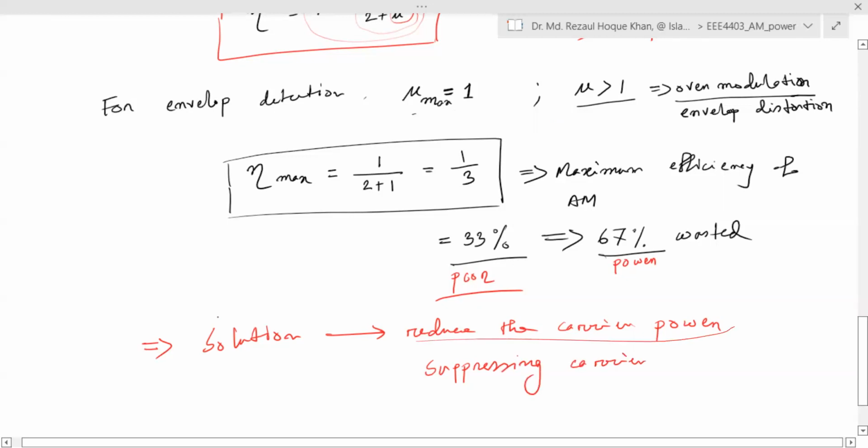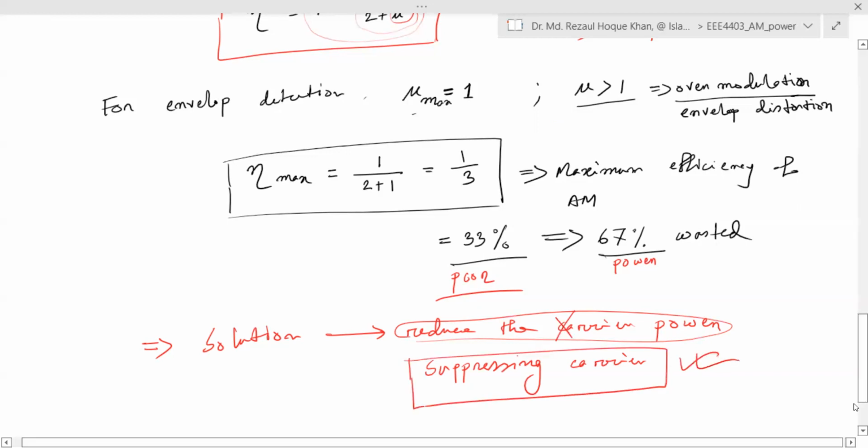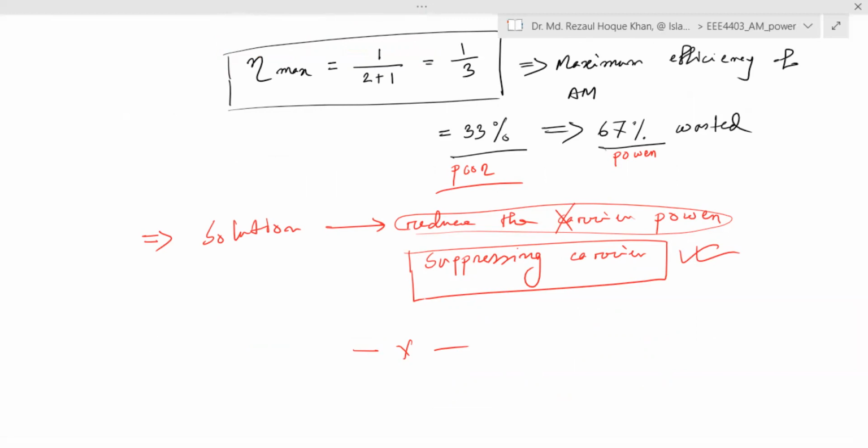Reducing the power is not a good solution because it has other consequences. So suppressing the carrier will be the solution, which leads to our next topic, suppressed carrier. So here ends this topic. Assalamu alaikum.